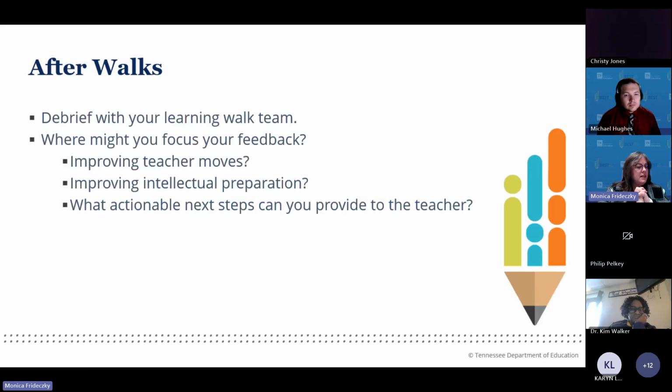Okay. And now, after the walks, once the walk is over and you're debriefing with your team, this can look different based on the number of classrooms that you've walked in or the time that you have in between classrooms.